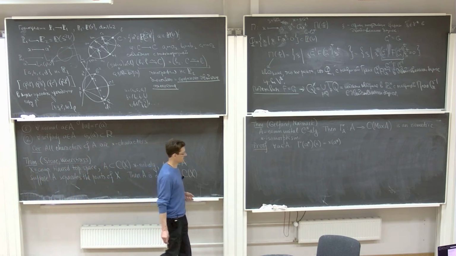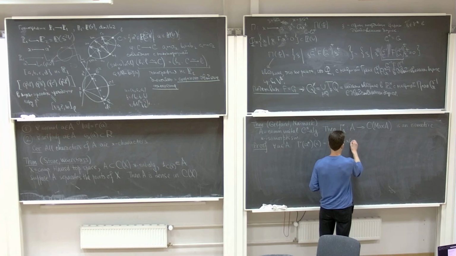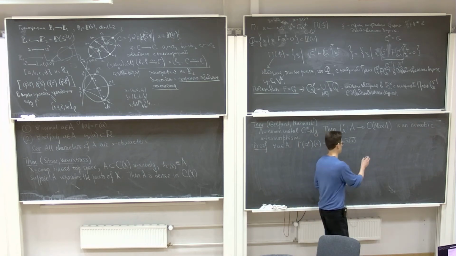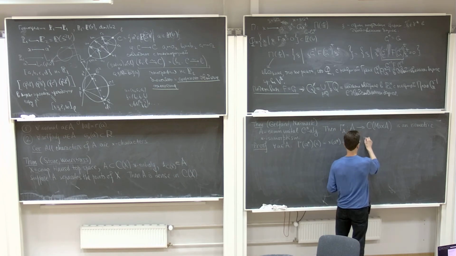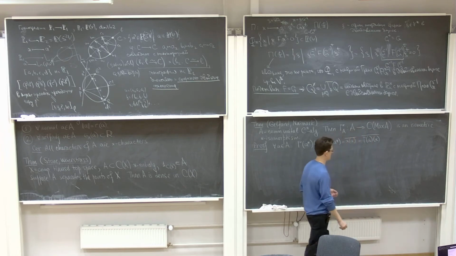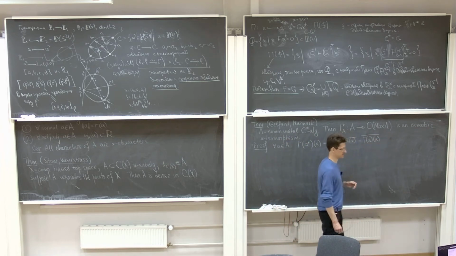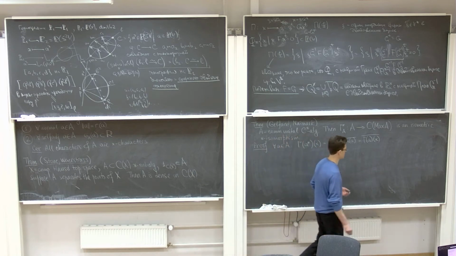So little x preserves the involution. And so this is x of A complex conjugate. But this is nothing but gamma A of x complex conjugate. And since the involution in the algebra of continuous functions is the complex conjugation, this shows that gamma is a star homomorphism.